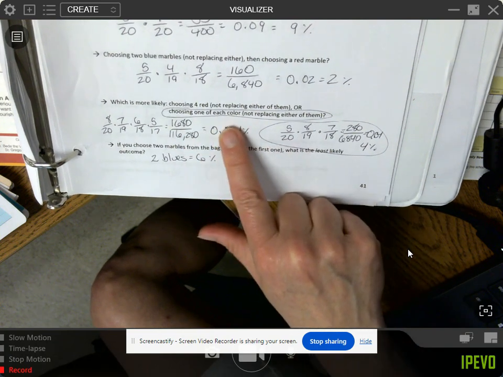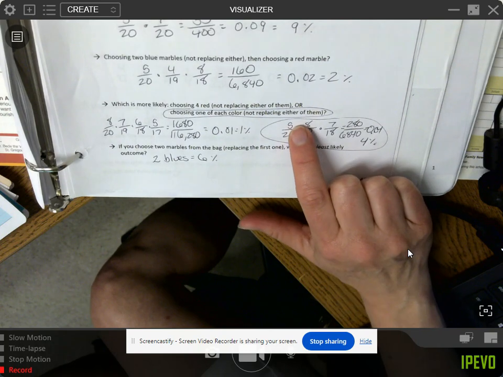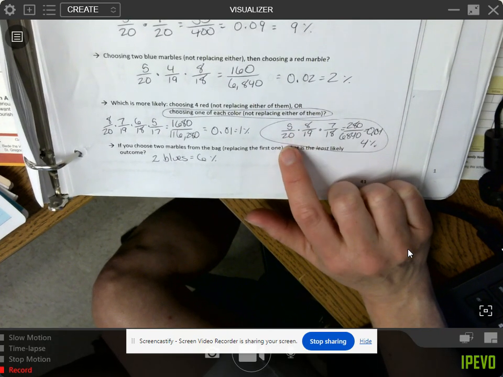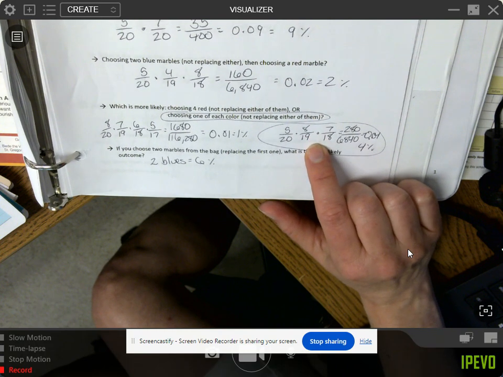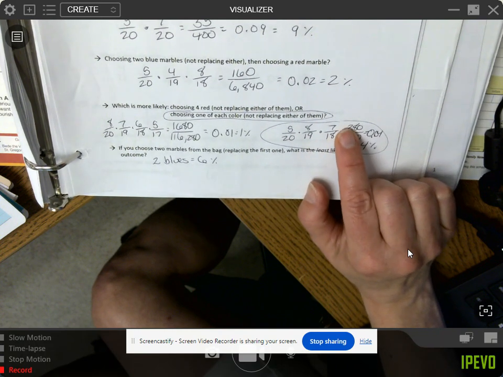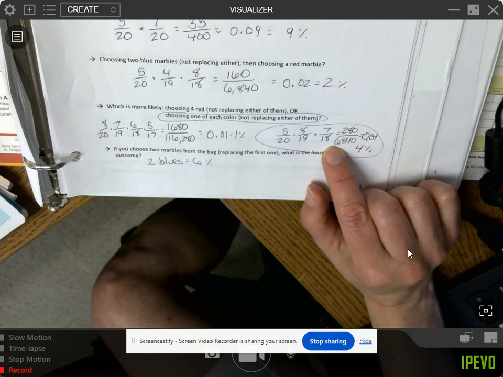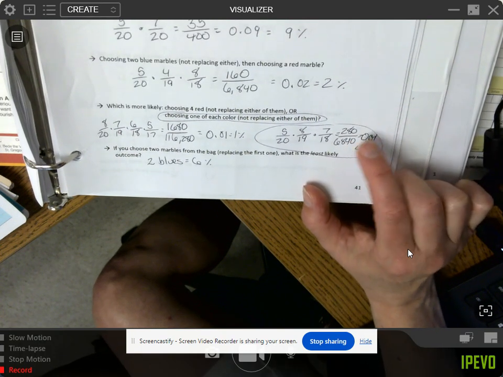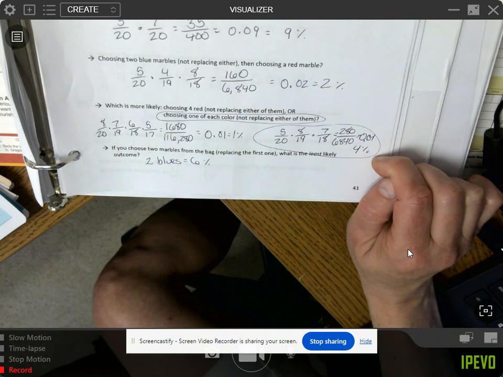Then we needed to choose one of each color and not replace. So we had our 5 blue out of 20, 8 red out of 19, and 7 white. We're down to 18. We do the multiplication, we divide, and we find it's a 4% probability of getting one of each color.